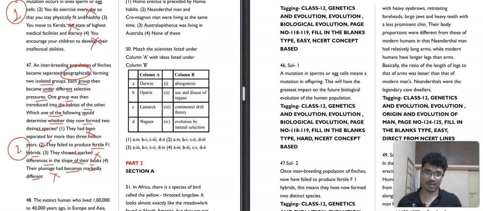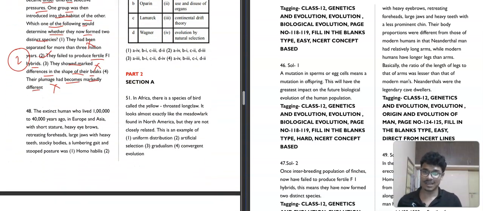Then question number 48. It is saying that the extinct humans who lived 1 lakh to 40,000 years ago in Europe and Asia, with short stature, heavy eyebrows, retreating forehead, large jaw with heavy teeth, stocky bodies, lumbering gait and stooped posture, are Homo habilis?